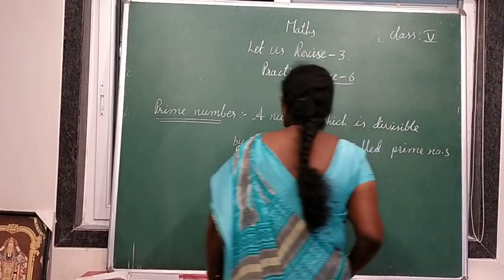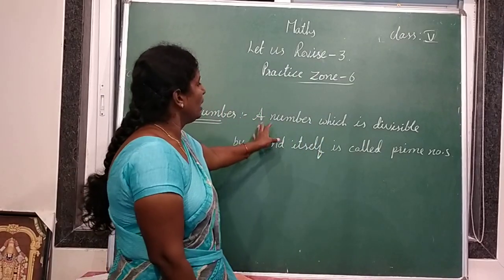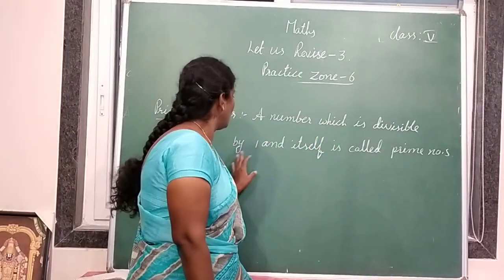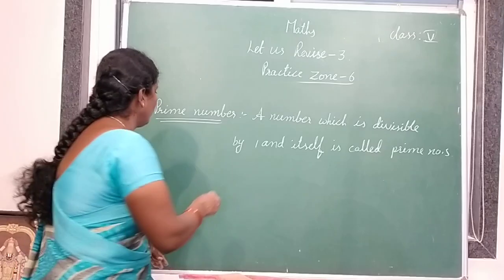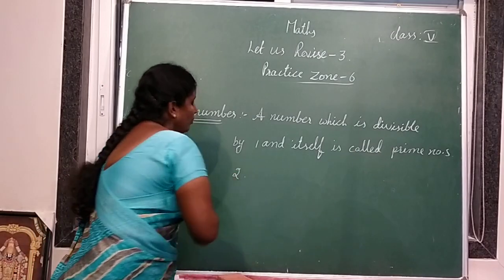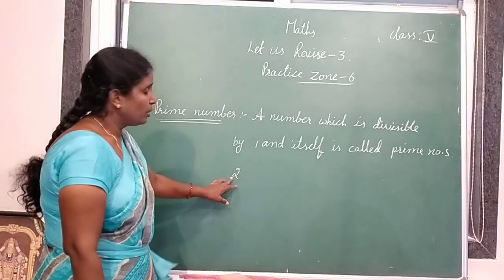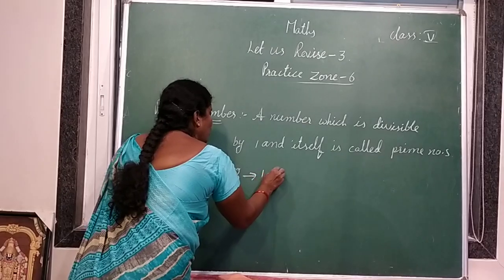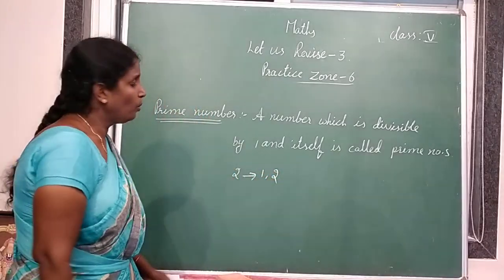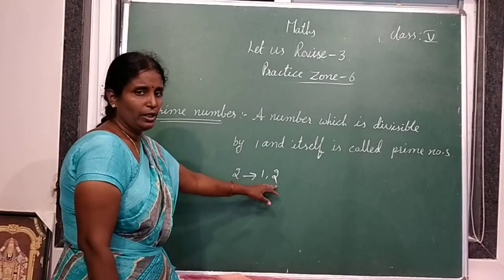Numbers. See here, prime number is nothing but a number which is divisible by 1 and itself. If you take 2, 2 is divisible by 1 and 2.